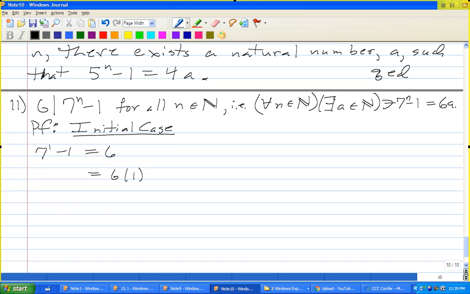So therefore, this shows that there exists a such that 7^n minus 1 is equal to 6a for n equaling 1, where a is equal to 1, which obviously is a natural number.